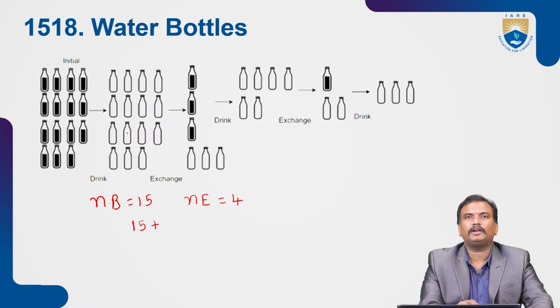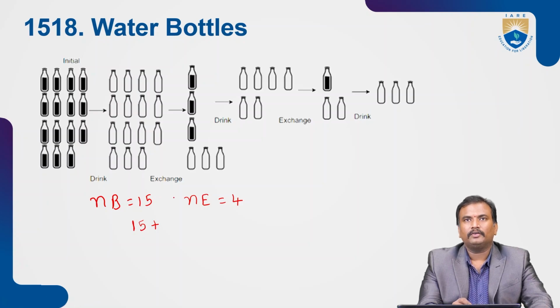And these 15 bottles we are converting into empty bottles after drinking. And then with the number exchange, 4 bottles can be replaced with 1 full bottle. This is 1, 2, 3, 4. These 4 bottles will give us 1 full bottle, and another full bottle. There are 12 bottles which we are going to exchange, giving 3 full bottles, and the remaining 3 empty bottles are available.